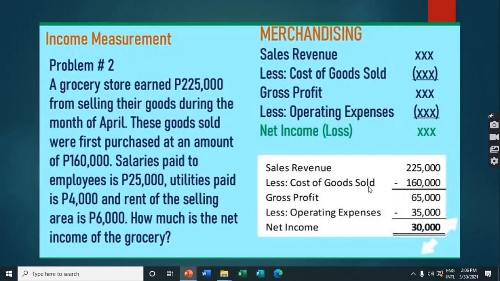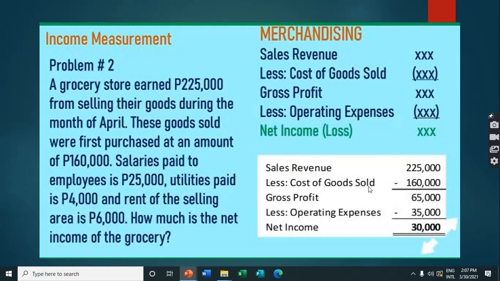So, ang cost of goods sold niya is 160,000. So, let's check it kung tama. So, 225 minus 160,000. So, tama yun. Gross profit niya is 65,000. Now, i-less mo na naman yung operating expenses mo.